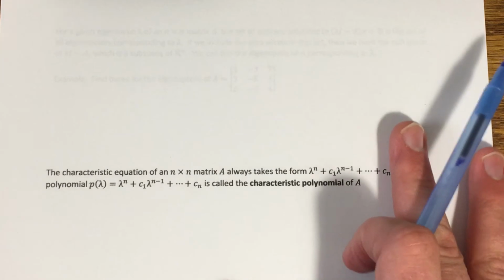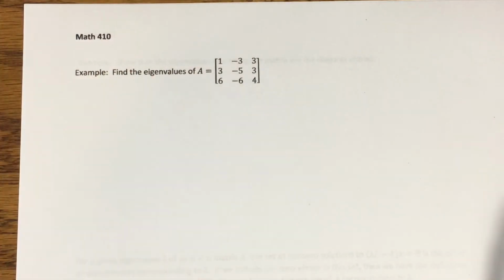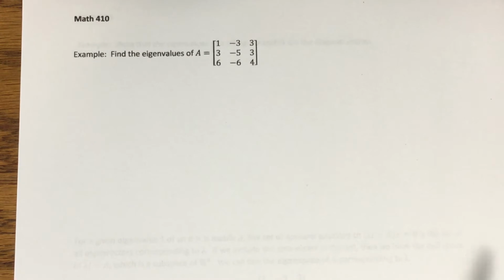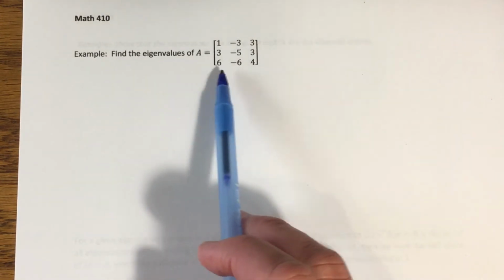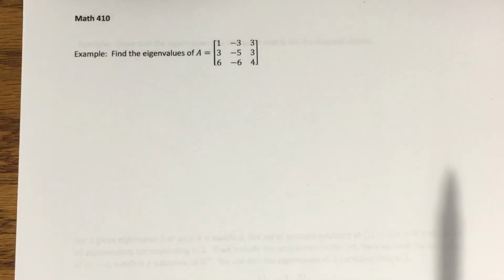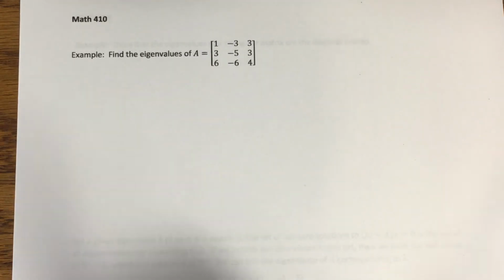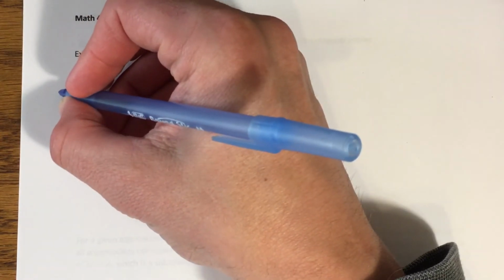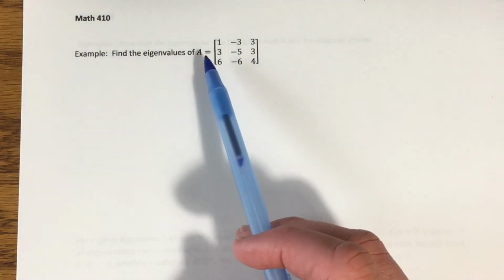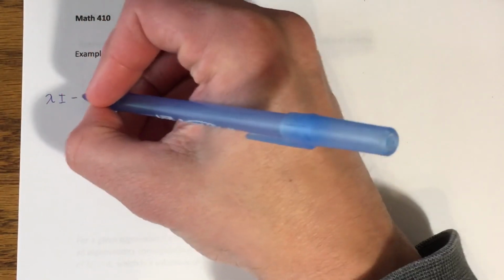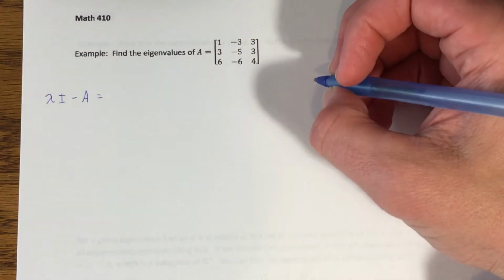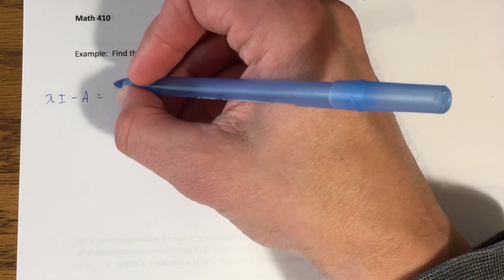Okay, so let's run through an example showing how we would find eigenvalues, just eigenvalues for now. We're not going to worry about the eigenvectors quite yet, but eigenvalues of this matrix A. First thing I would want to do is determine the characteristic equation of A. Remember, the characteristic equation is the determinant of lambda I minus A. So I'm going to begin by finding lambda I minus A, which would be equal to this.